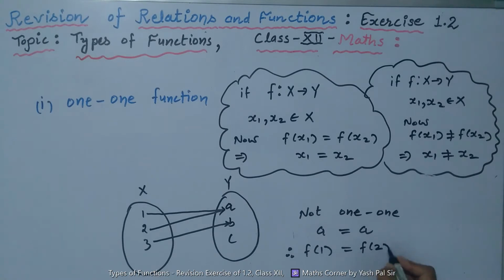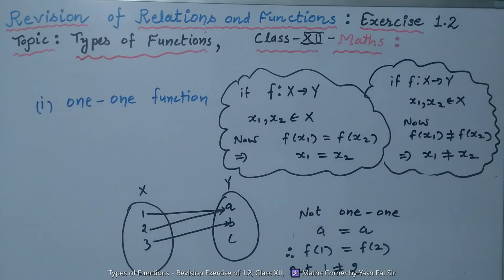But it is very much clear that 1 is not equal to 2. So this arrow diagram shows that this function is not one-one.